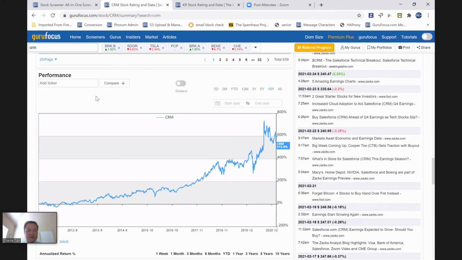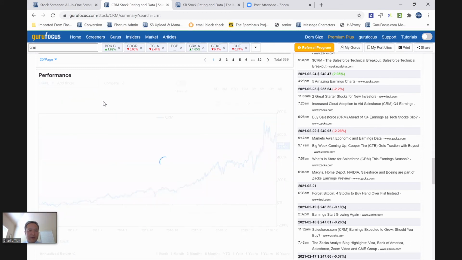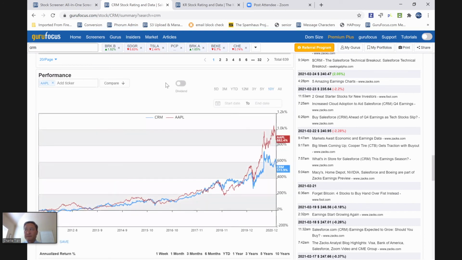This is Salesforce itself, but you can always add other companies here. If I add Apple here, it will be added and appear on the chart.